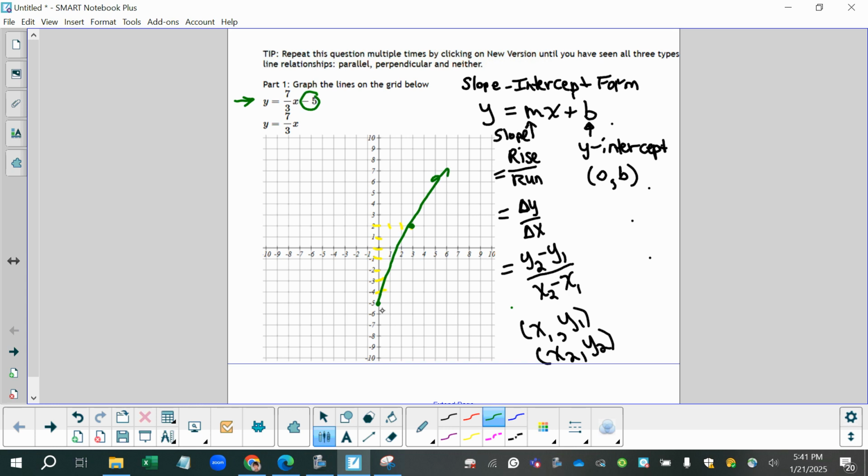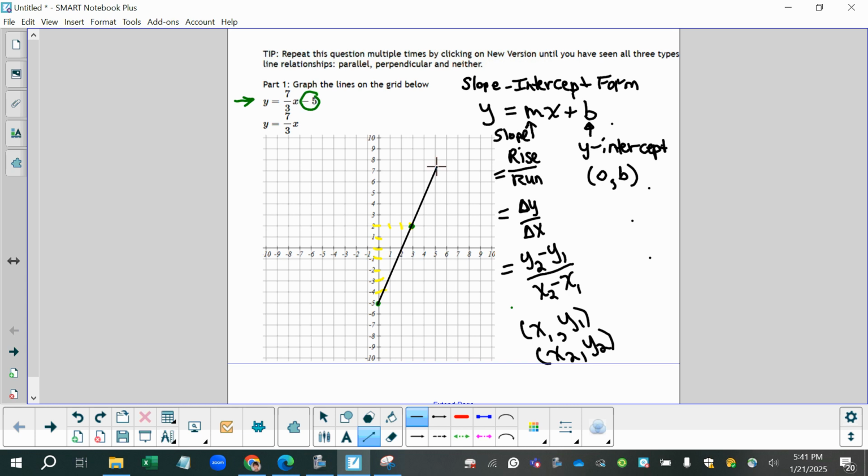Unfortunately, with the writing on screen, it's a little difficult for me to make it perfectly straight, so we have to use our imaginations there. I can also use a line tool. So let's try this. There we go.